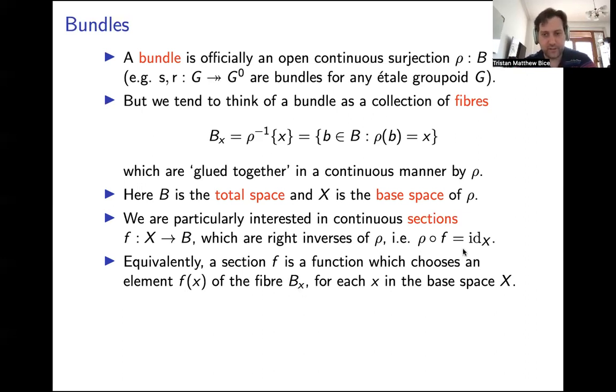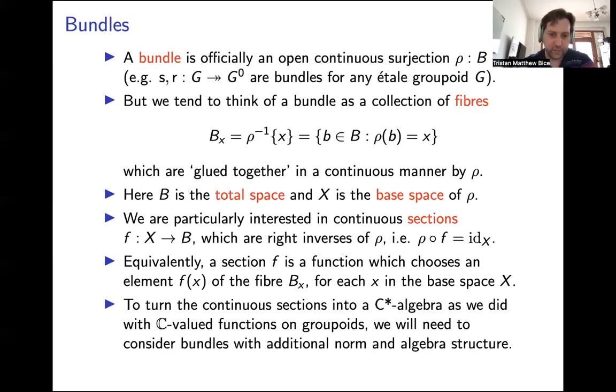So these are arbitrary sections, but of course we have a topology here. So really our primary interest in the end will be in continuous sections. And we'll eventually want to show that these continuous sections again form a C-star algebra, just like when you were dealing with continuous complex-valued functions. Now they won't have complex values anymore. They'll take values in the fibers.